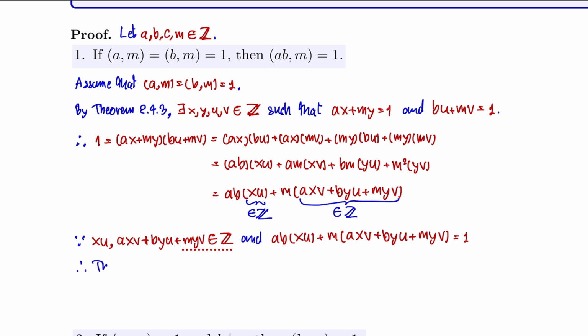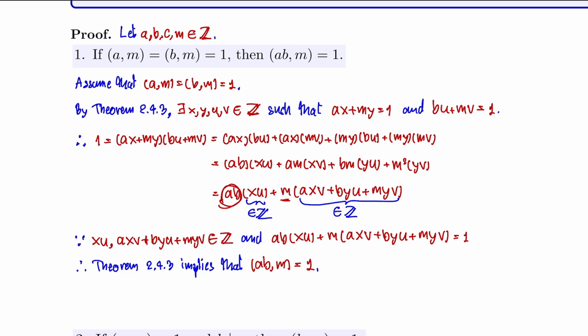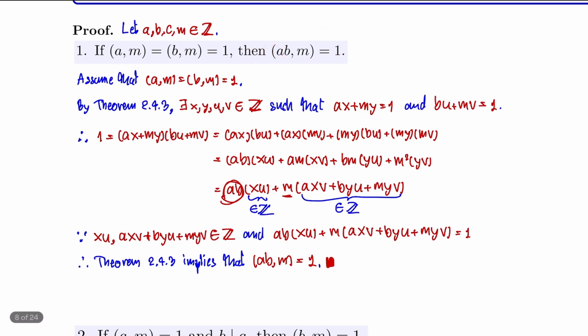We can also use theorem 2.4.3, which implies that the greatest common divisor of ab and m is 1. So we have proved the first property, okay? We have proved that if the greatest common divisor of a and m and the greatest common divisor of b and m are both 1, then the greatest common divisor of ab and m is also 1.